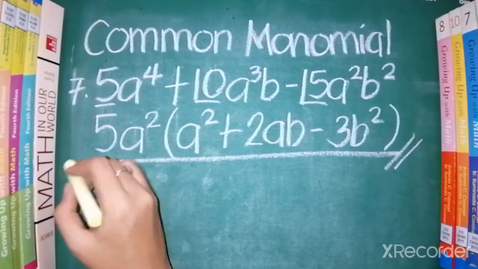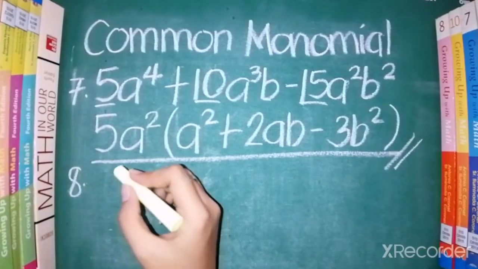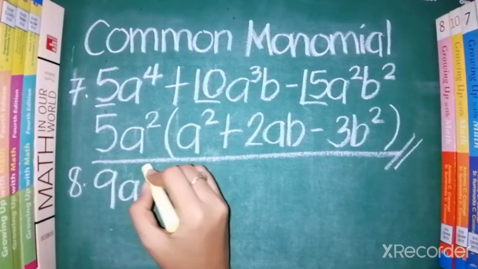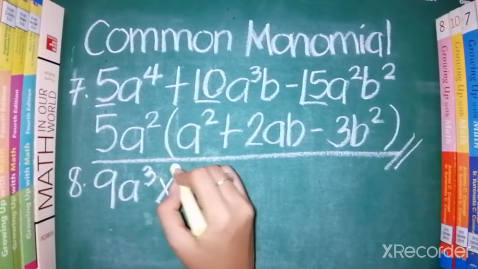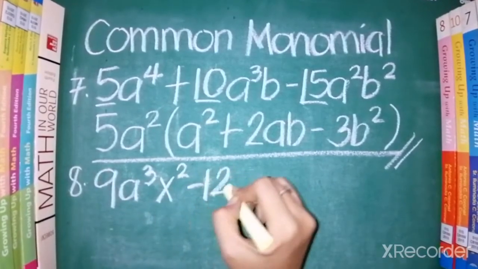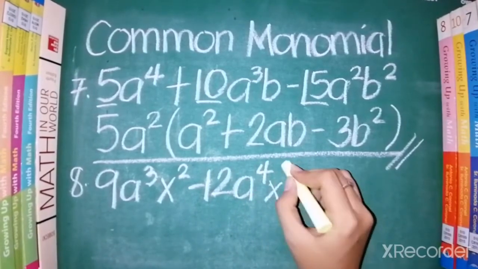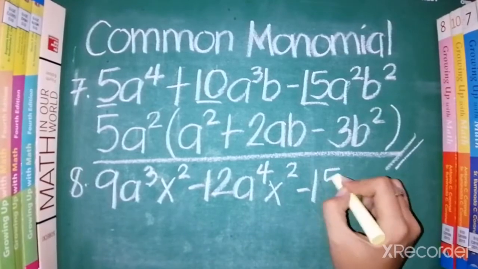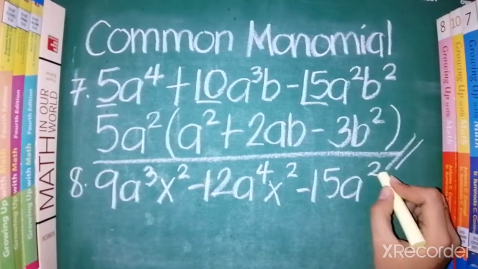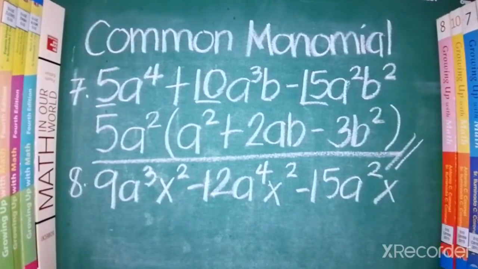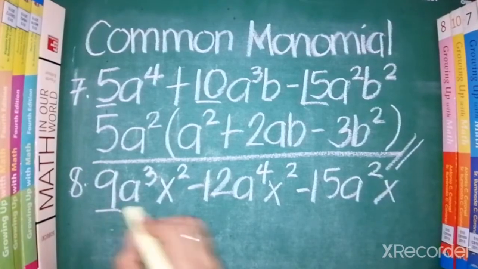Okay, down to the last number, we have 9a cubed x squared minus 12a to the power of 4 x squared minus 15a squared x. So we are going to find their common. So let's have 9, 12, and 15.